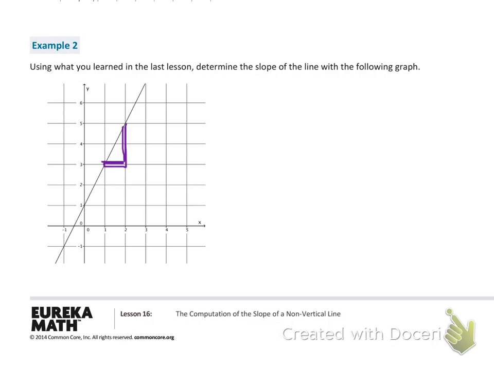So this point would be P. R is the other point on the line, and there's our Q, and the Q, remember, is picked because it's directly below R and directly to the right of P. Okay, so again, we're going to translate that triangle down to the origin so that we can read off the slope value, which is just the length of QR. That triangle would end up right here after its translation, and we can see that the slope is 2.